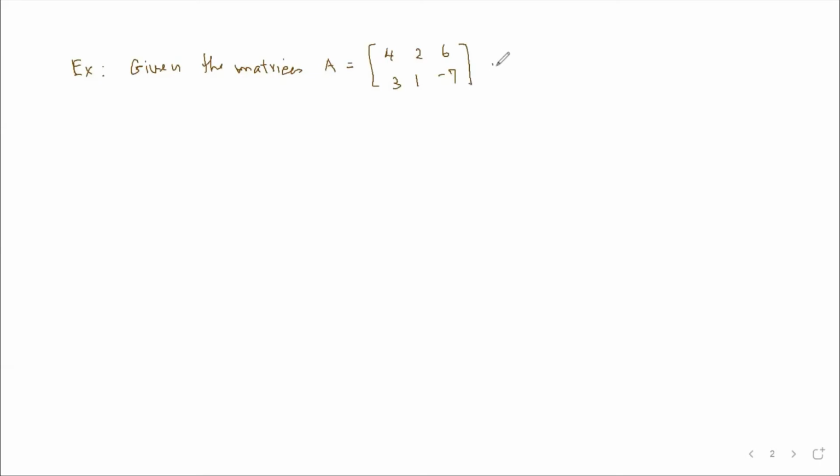And matrix B, maybe 3, 9, 0, maybe I leave more space, 3, 9, 0, 4, minus 1, 8.